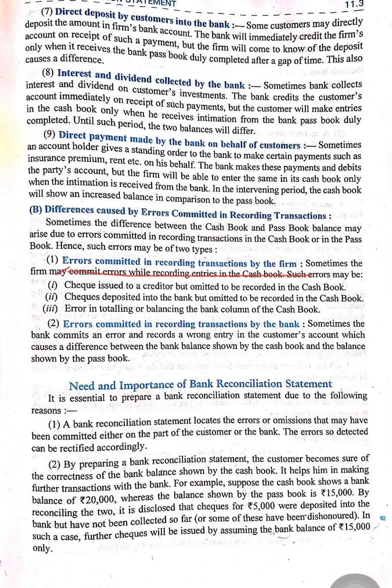Error in totaling or balance. And error of transaction means a different entry has gone to a different account. Due to these problems our balance will not be tallied, and for making them tallied, we have to prepare a bank reconciliation statement.